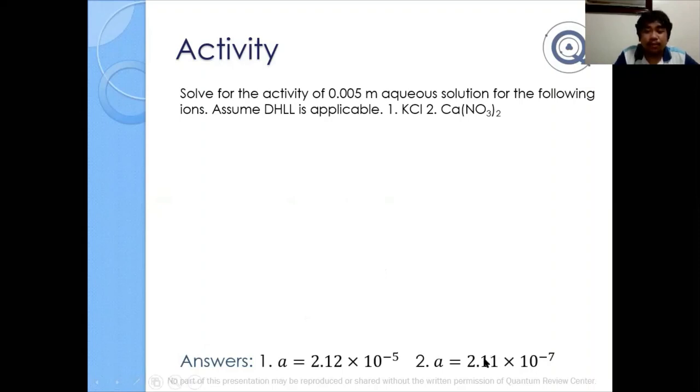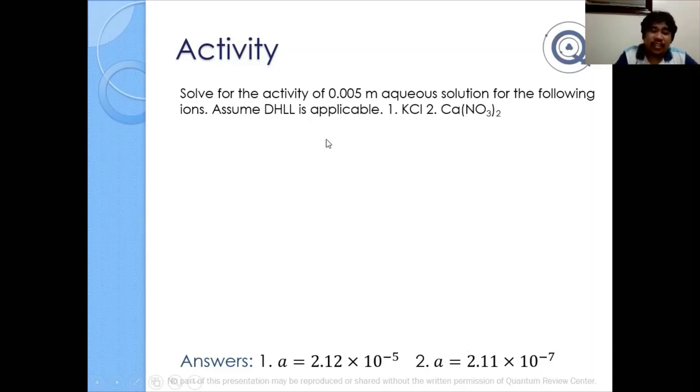Now, nung kinompute ko na applicable ang extended DHLL dito, ang nakuha kong value is 2.17, if I'm mistaken, which is fairly close dun sa activity kung DHLL yung i-assume nyo.